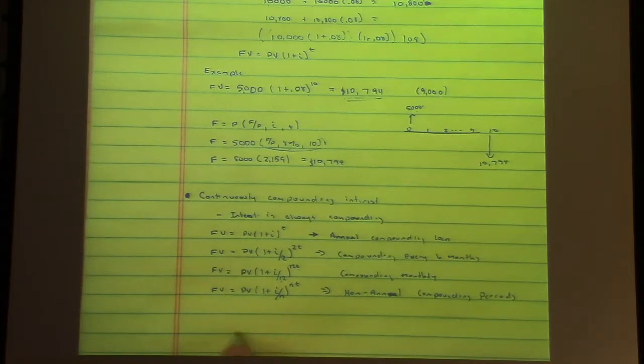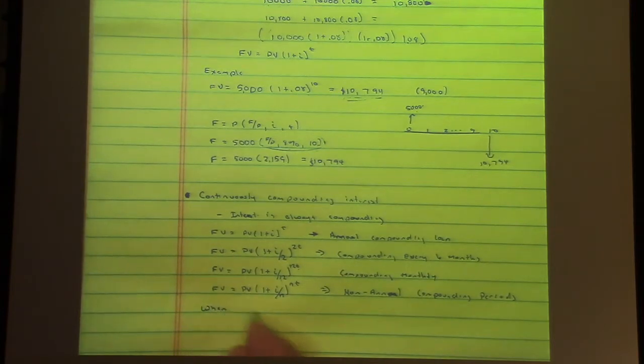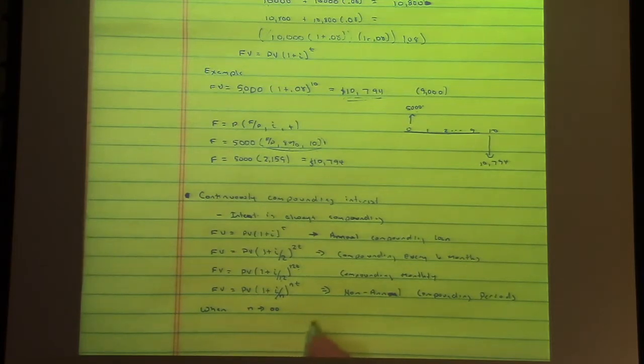One of the interesting things that happens here is that as n starts growing really, really big, say upwards of infinity, we see something really cool happen. This (1 + i/n) raised to the n starts to approach e to the i.